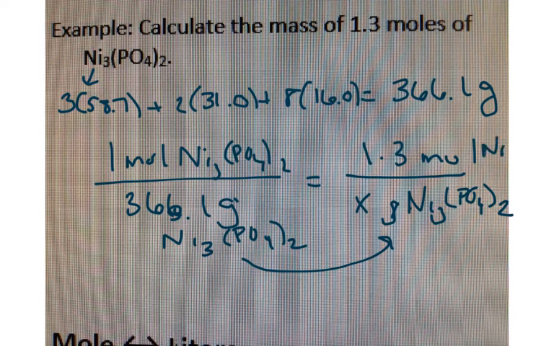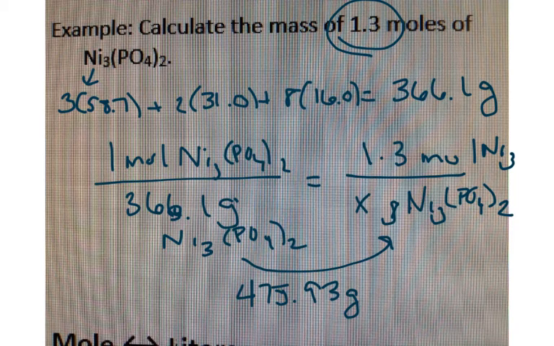So, once again, I'm just setting a proportion, and then you'd write nickel 2-phosphate again, and then you're going to cross multiply, and for this one, you end up getting 475.93 grams. Okay, but rounding to sig figs, there's only 2 sig figs in this number, so that is going to round to 480 grams of nickel 2-phosphate.